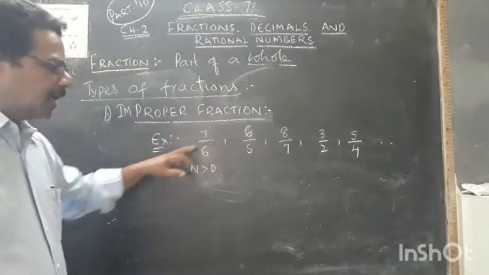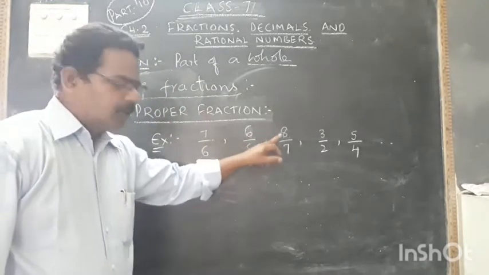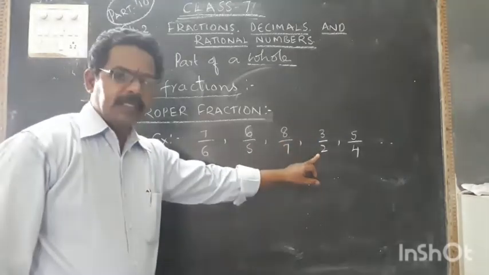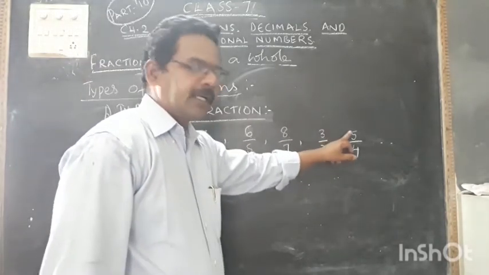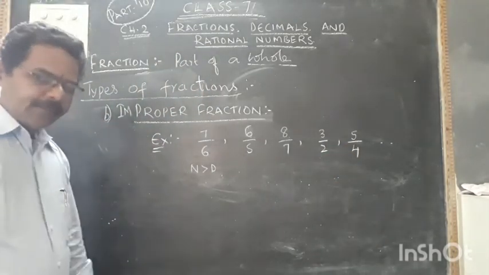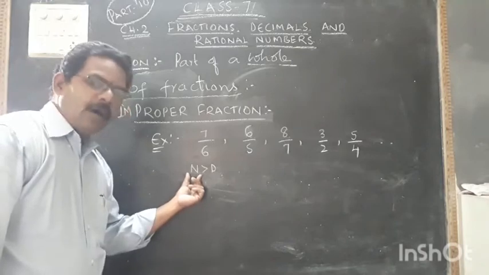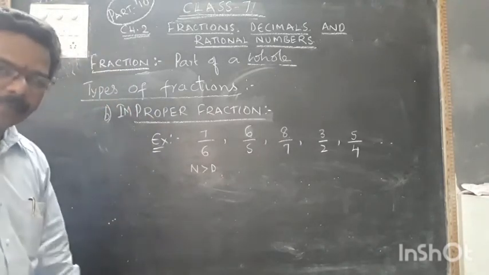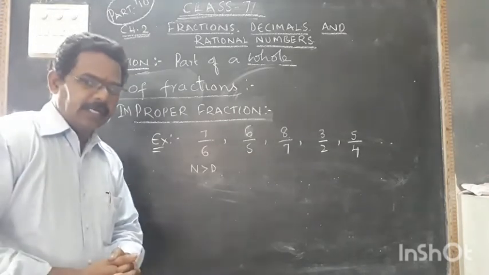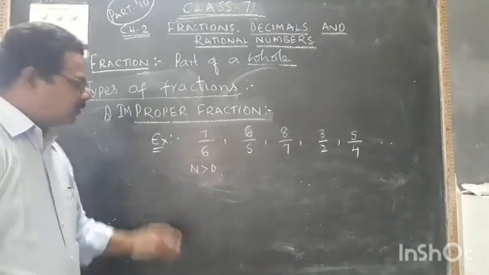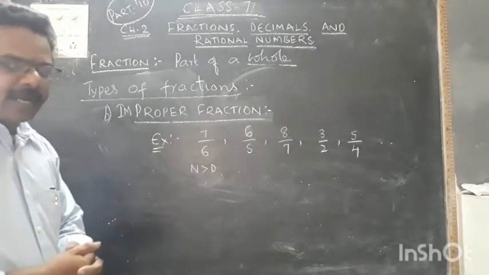In each of these, numerator is greater than denominator. So if in a fraction the numerator is greater than the denominator, then we call it an improper fraction. Understand? So this is the second type of fraction.